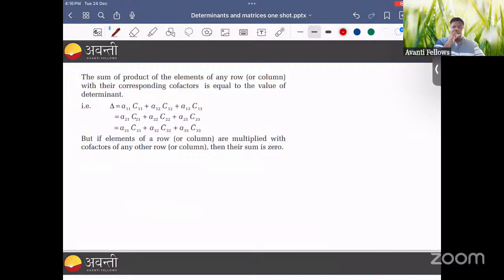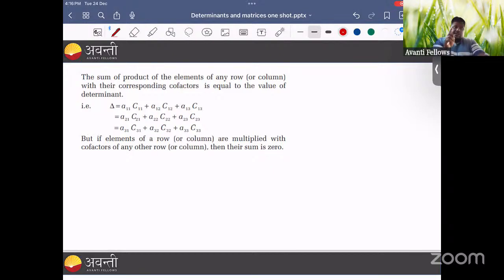Now, expansion of the determinant. If the elements of any row or any column are multiplied by their respective cofactors and the quantities are added, you obtain the value of the determinant. Got it?